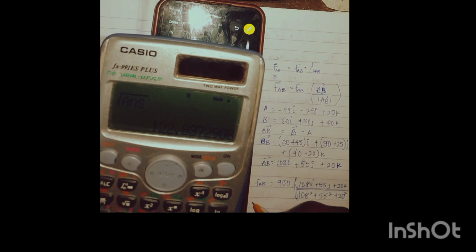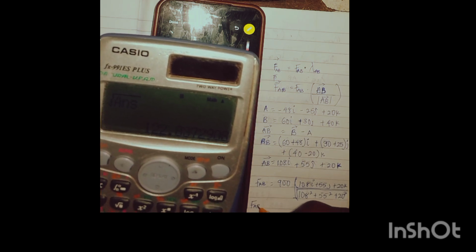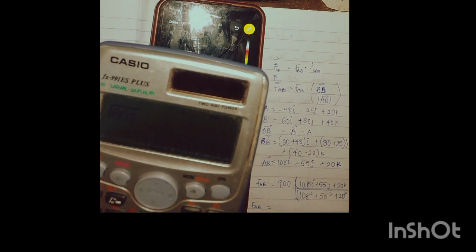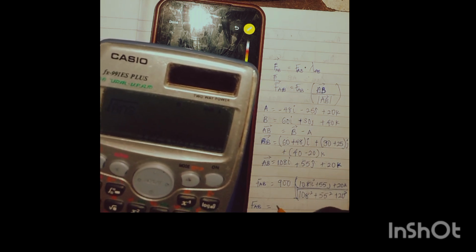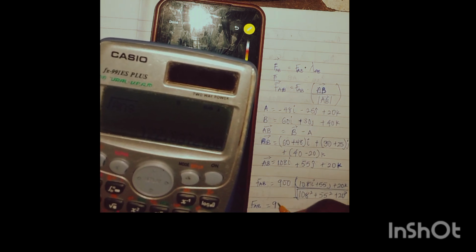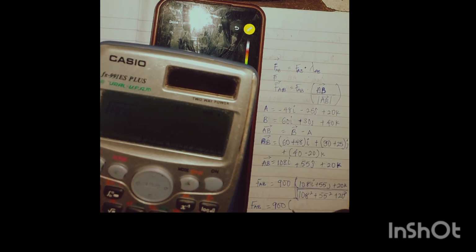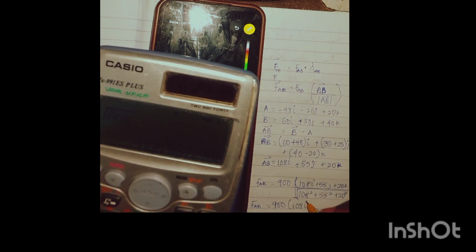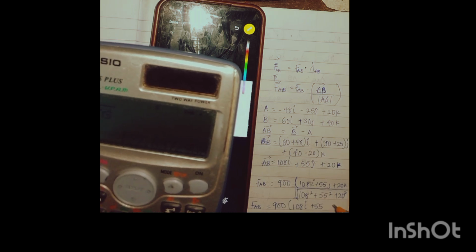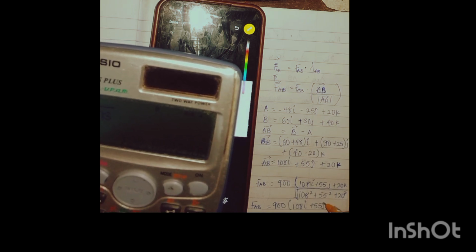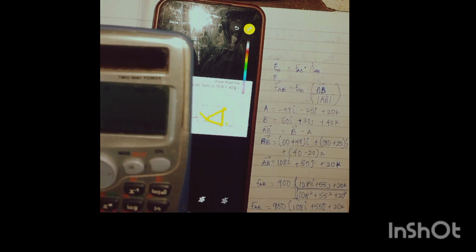So you are having 122.83. So that means F from A to B will be equal to 900 into bracket 108 in i direction plus 55 in j direction plus 20 in k direction.